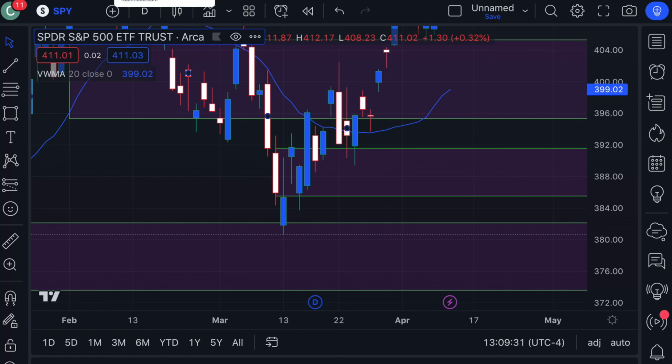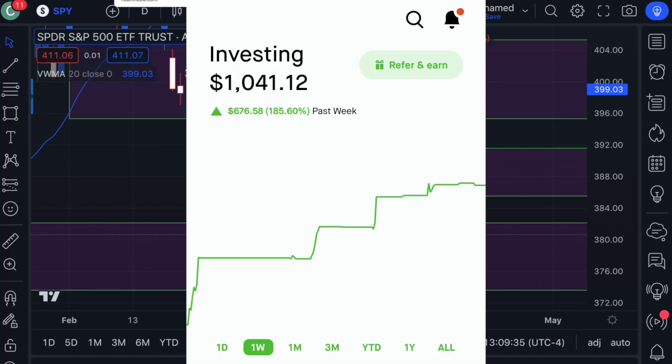I'm going to show you guys some screenshots from the Robinhood profile. You'll see in my chart in my Robinhood that each day is just like a little step up. And it's important that you just take these small steps over time and be consistent, because if you're too greedy, you're going to lose. And I like to set my stop losses for the day at the previous step down on my weekly chart.